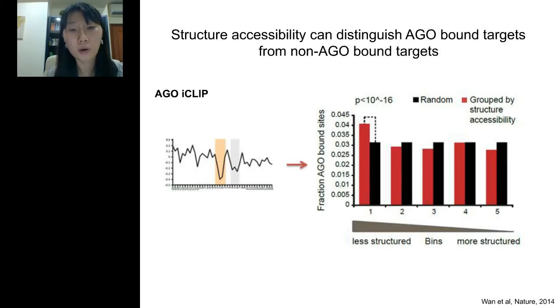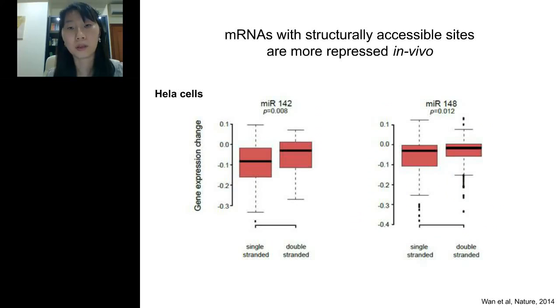And we can sort the accessibility of this region into 5 different bins. And we can see that the more structured regions are less likely to be AGO-bound, and the less structured regions are more likely to be AGO-bound.